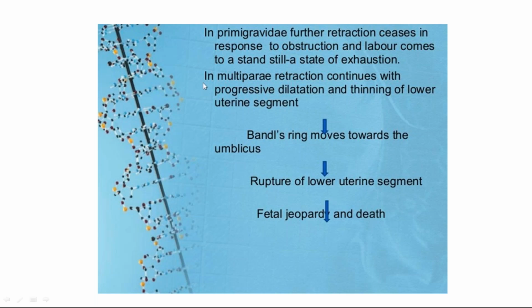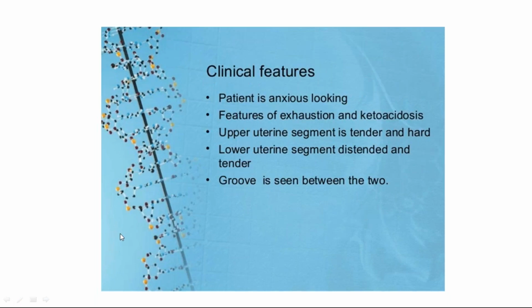So whenever it has approached the alert line, you have to go back and review the case again. What is wrong? Have I missed anything? Then when it still crosses and comes to the action line, you have to take some action, right? If she is in very early labor, you have to go for a cesarean section. If she is already fully dilated, you can do an assisted vaginal delivery or an operative vaginal delivery. That will be told to you when we are dealing with obstructed labor.